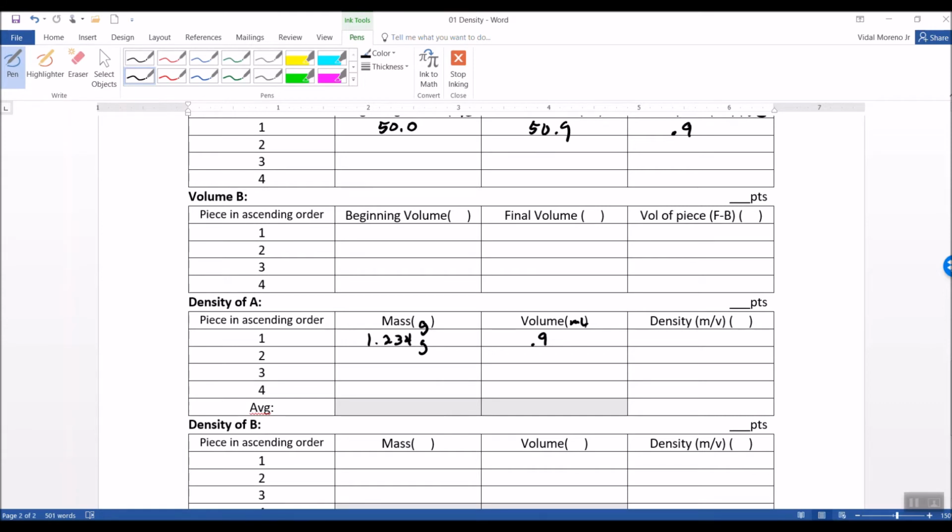So what do we find? For honors chemistry, 1.234 divided by 0.9 gives you 1.3711. Well, you can only have 1 sig dig, so the answer is 1 gram per milliliter.